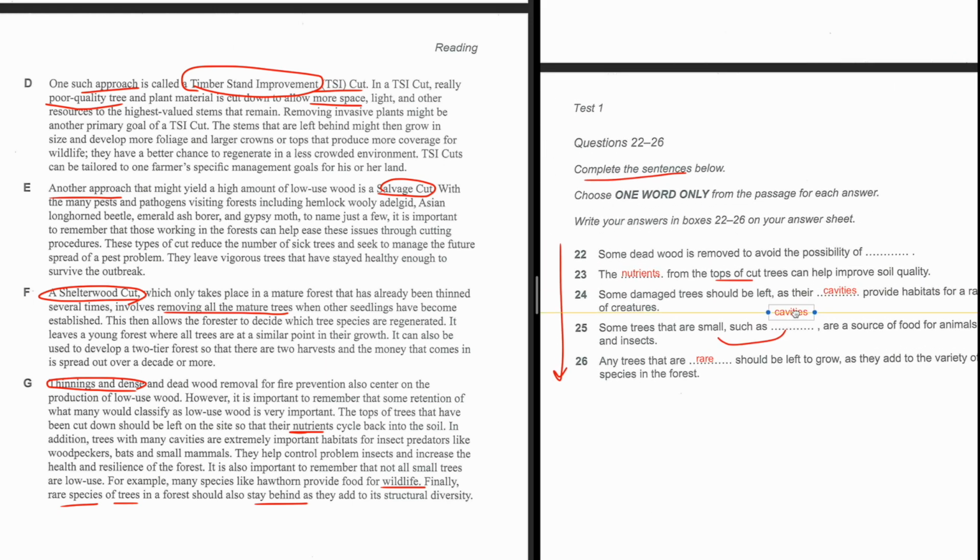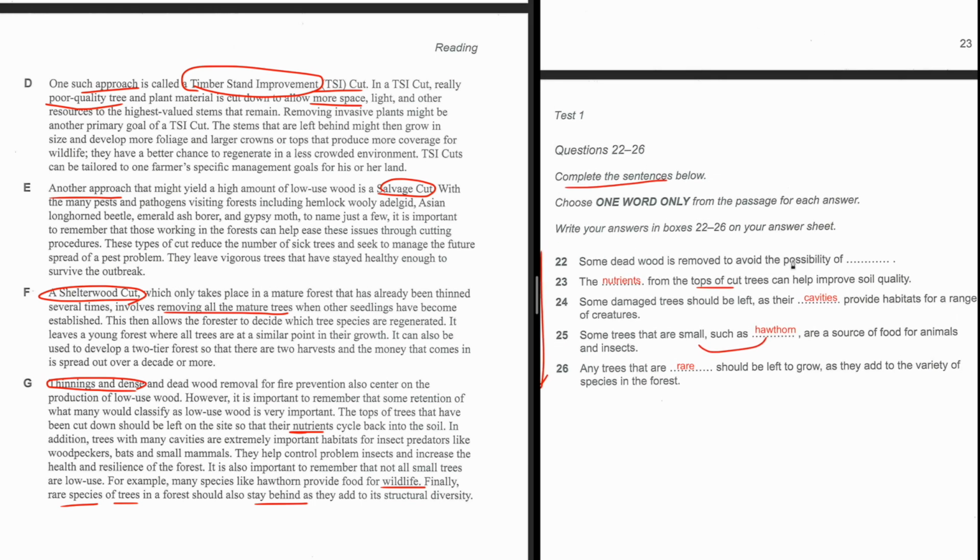Such as the name. Well, it's not a word that you know. Okay, well, don't worry if you don't know this word. It's a type of tree. Why would you know this word? Nobody except for experts in this field are expected to know this word. We find the answer because it is an example of small trees. So don't worry if you don't know this word.